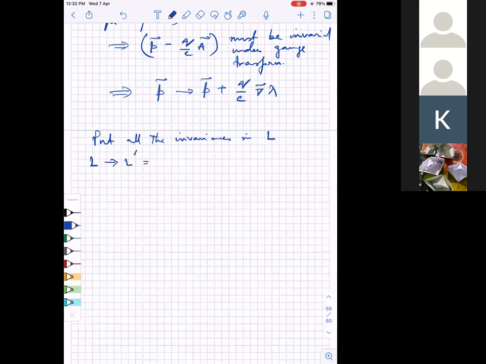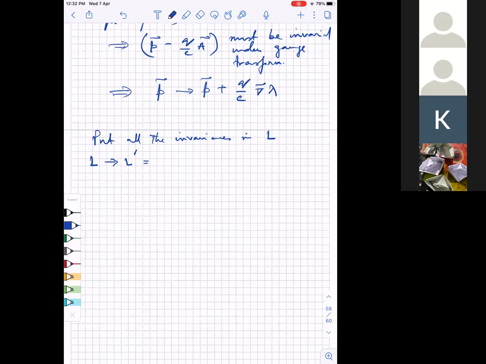I'm not going to do the algebra, it's just two lines of algebra. You'll see that the new Lagrangian is related to the old Lagrangian L plus an additional term which will be due to this lambda, these terms containing lambda. So this will have a summation over i.